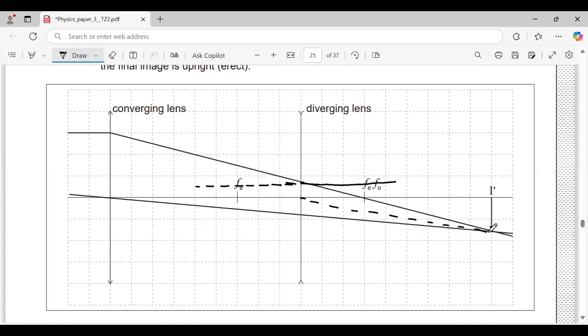You may sketch with your ruler. And this is the image, that one.